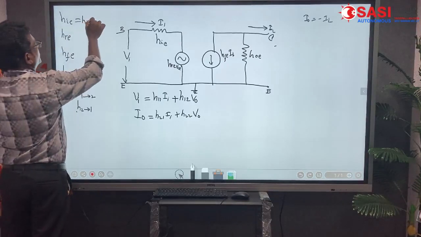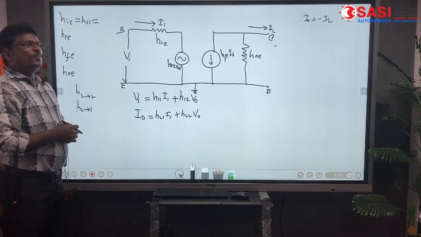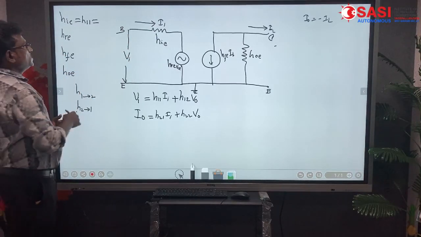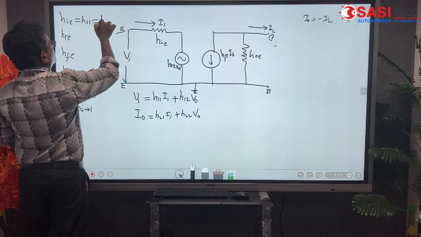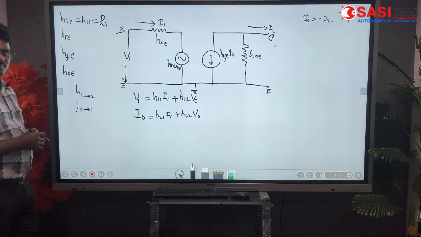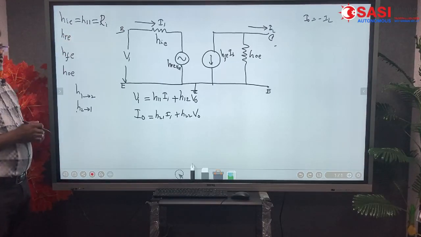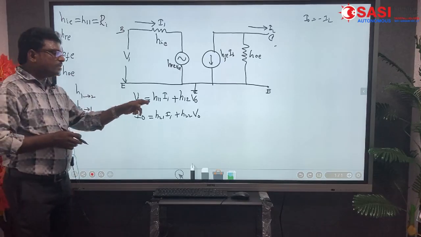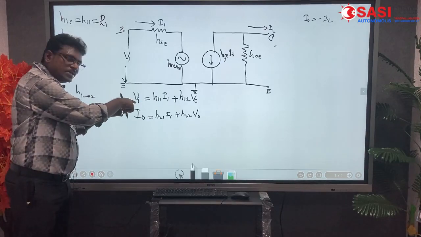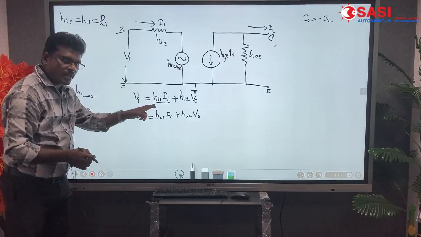HIE, that is the parameter resistance, input resistance. This is the first hybrid parameter, input resistance Ri. Why are we writing it in this equation? This equation is a voltage equation. This drop must be voltage.